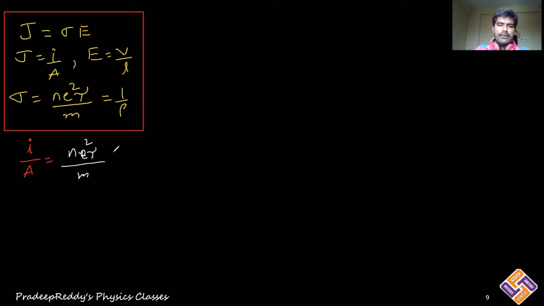E is V divided by L, right? So I am substituting J and E over here. So from this I can now write I is equal to n e square tau A divided by m into L into V.